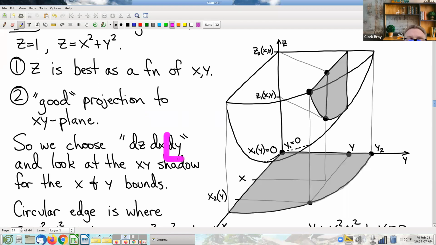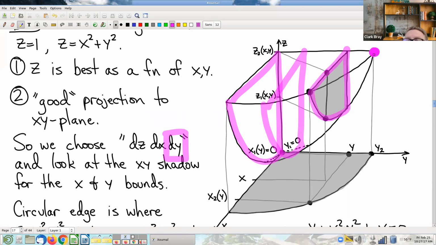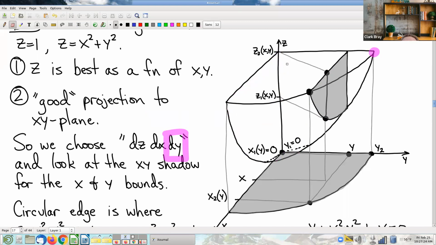And I'm doing dy on the outside here. So y slices, what do y slices look like? Well, they're kind of like this. Right, and we have a first and a last, etc. Generic slice looking like this.